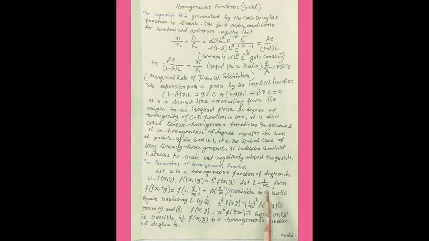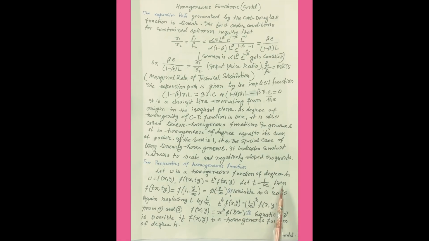Let t be equal to 1 by x. So generally for t we take 2, 3, 4, whatever it may be, but let us take t equal to 1 by x, a reciprocal of x. Not only 2, 3, 4, 5, no. We can also take the reciprocal of x or reciprocal of y.